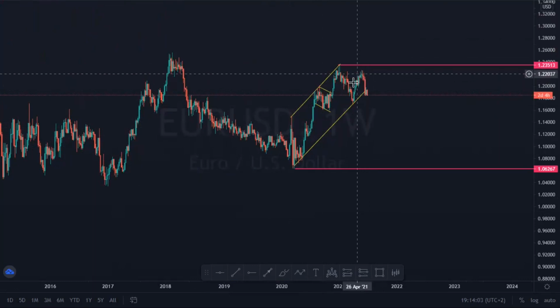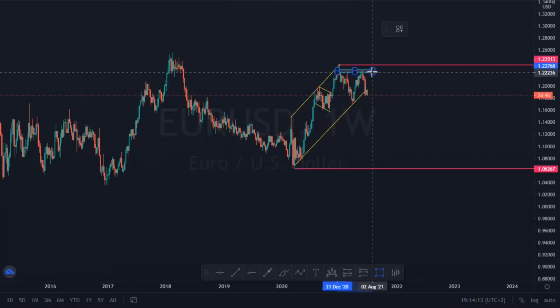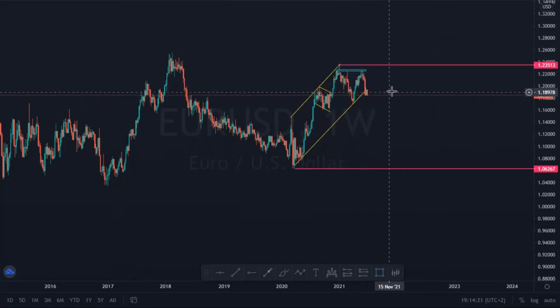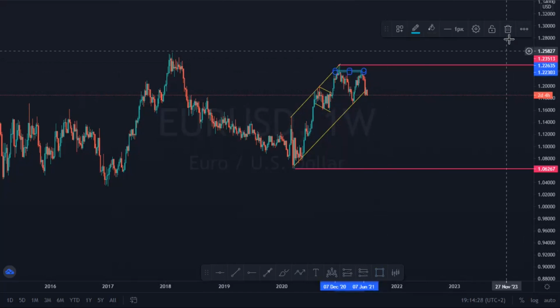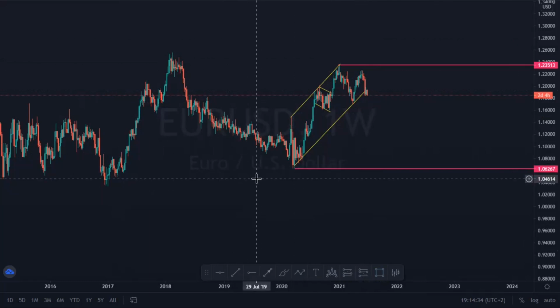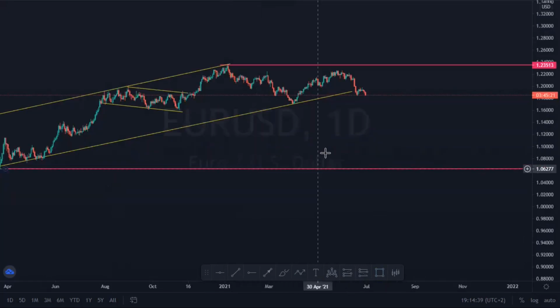If you want, you can even put something like this, as in here is your double bottom, your double top, especially if you like to trade support and resistance, just to have a clear picture. But I'm not going to do that. So let's go to 1 day now, the daily time frame. Are you still with me, guys?